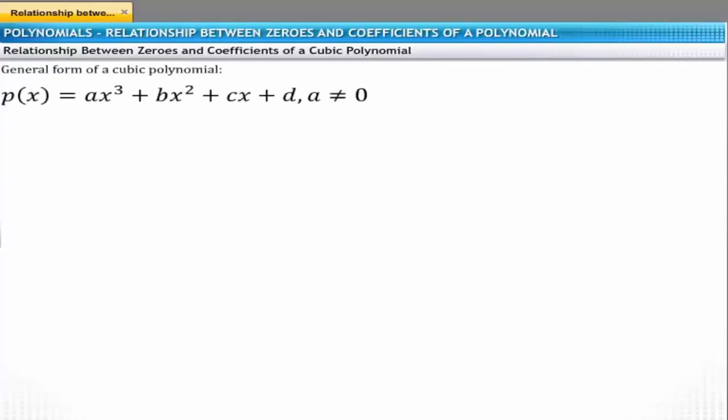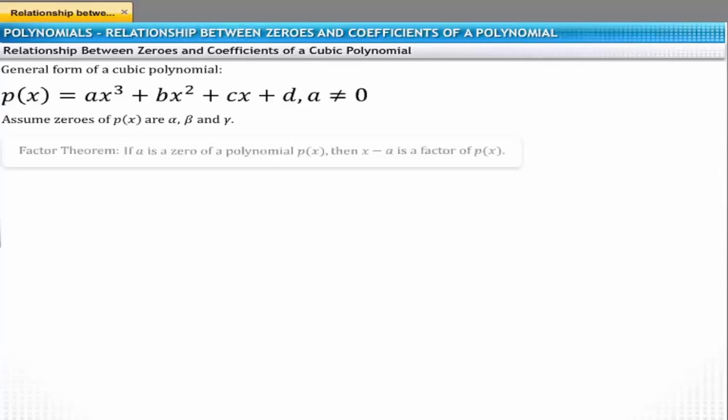Next, let's consider the general form of the cubic polynomial. Let's assume the zeros of a cubic polynomial p of x are alpha, beta, and gamma. Based on the factor theorem, if alpha, beta, and gamma are zeros of p of x, then the factors of p of x are x minus alpha, x minus beta, and x minus gamma.